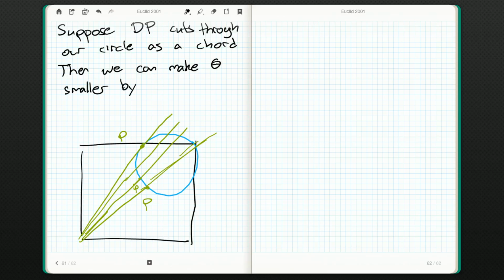Make it smaller by, how am I going to explain this here? Because that's the key. I want to explain why I need to eventually get a tangent.